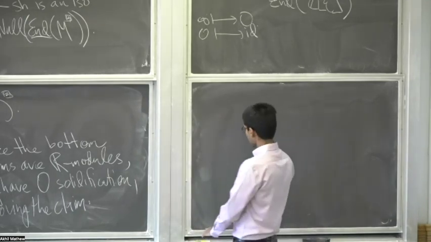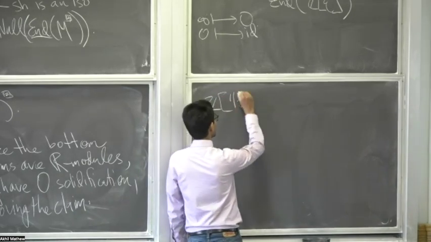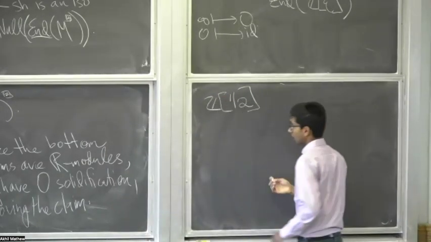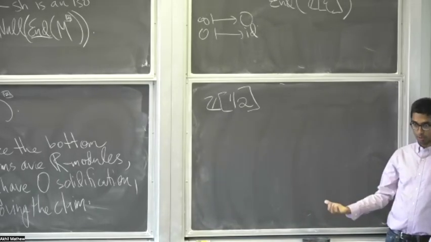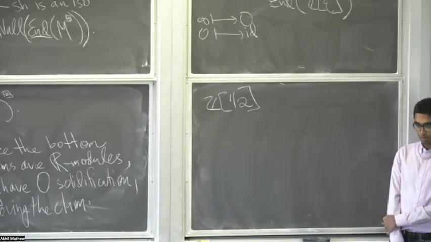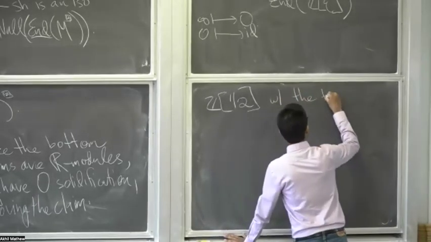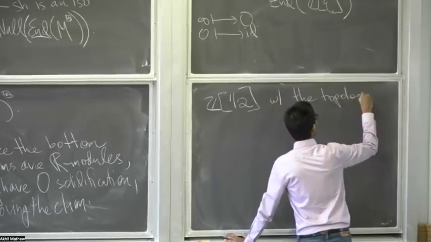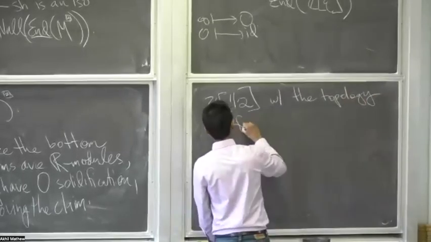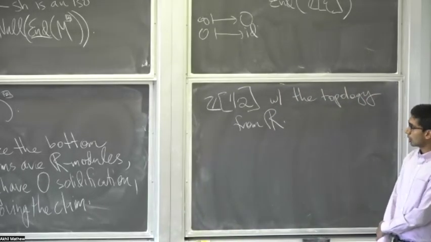So okay, the question is, can we use Z adjoin 1/2 with the topology that you get from the real numbers, to run this on?